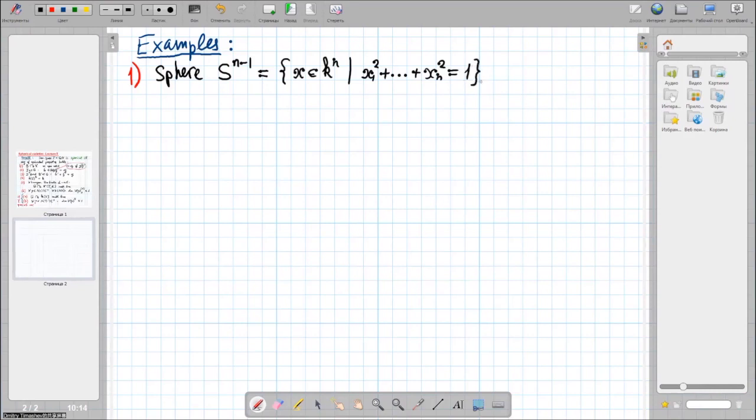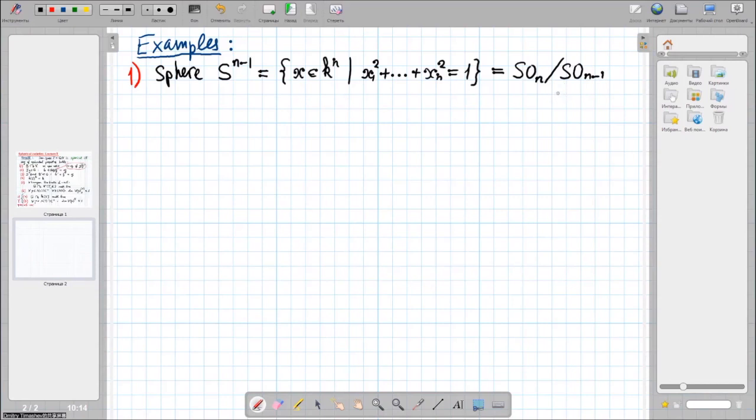It is a homogeneous space under the group SO_n, which preserves this quadratic form, and the stabilizer of a point is isomorphic to a smaller group SO_{n-1}.